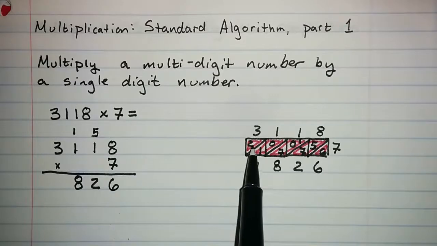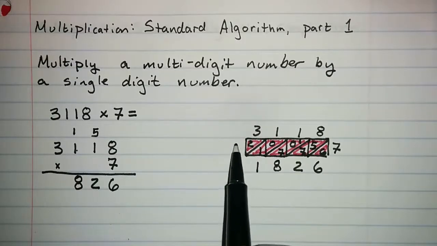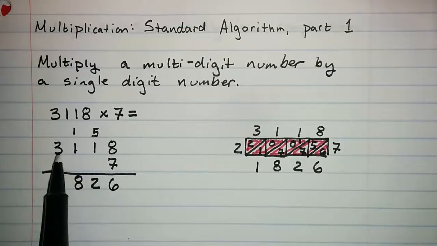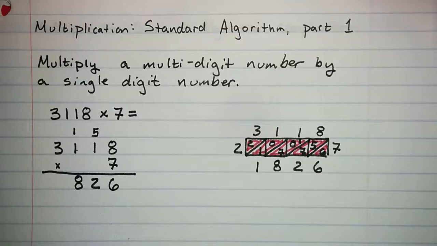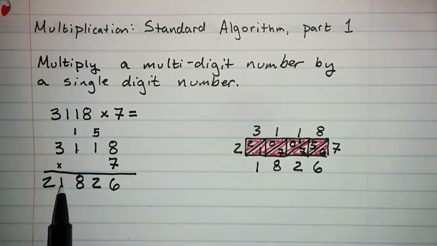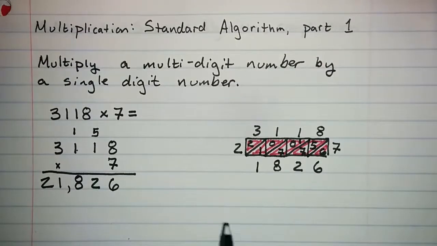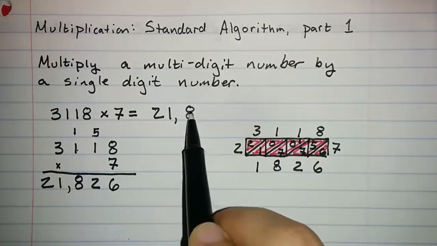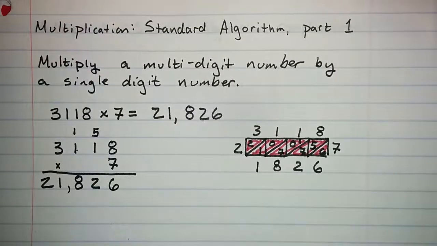And we carry the 2 over into the next place, but we're already done with the next place, so this is 2. Over here we have 7 times 3 is still 21, and we just put down the 21. Either way we get 21,826 for our product.